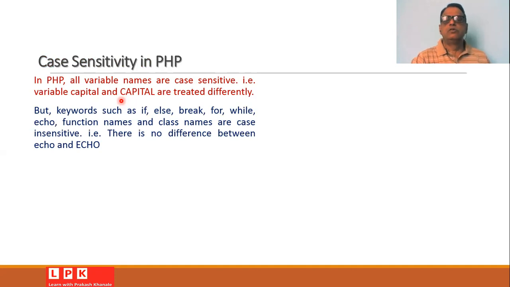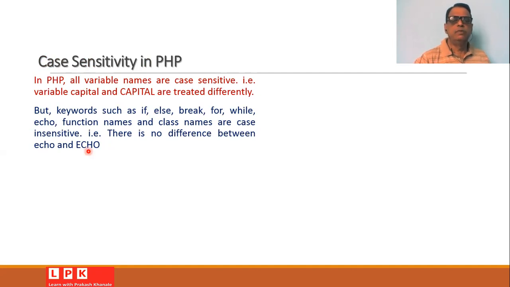But this rule is not applied to keywords. For example, if you are using keywords in PHP such as if, else, break, for, while, echo, or function names or class names, all these names are case insensitive. That is, even if you write the keyword echo in small or capital letters, both will be treated the same.